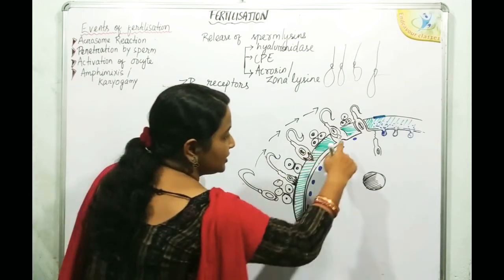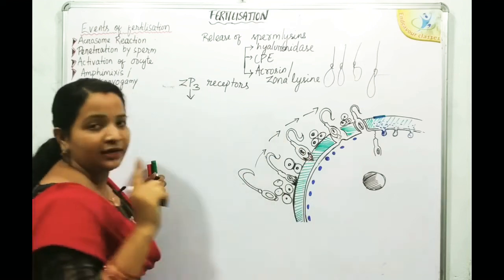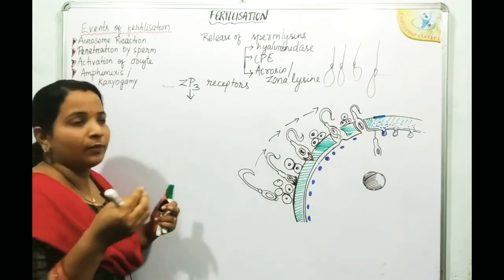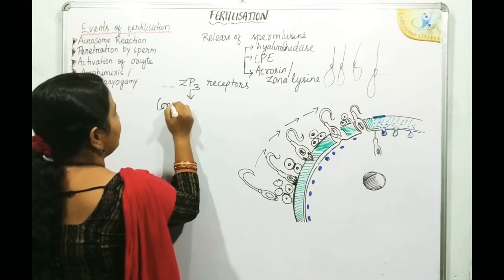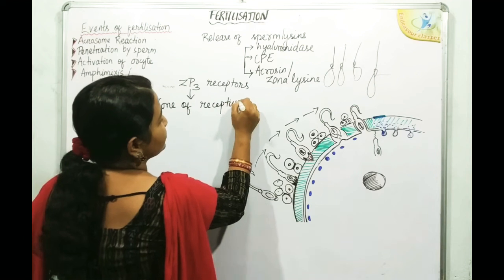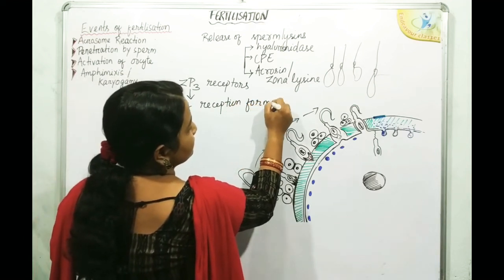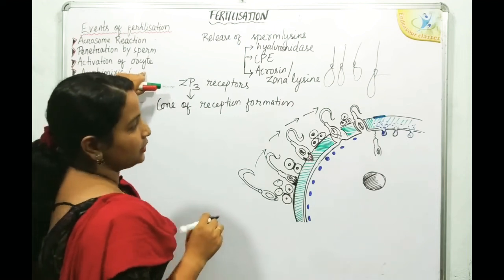This is a small projection which occurs over the vitelline membrane to receive the sperm, called the cone of reception. So this is a part of activation of the oocyte.